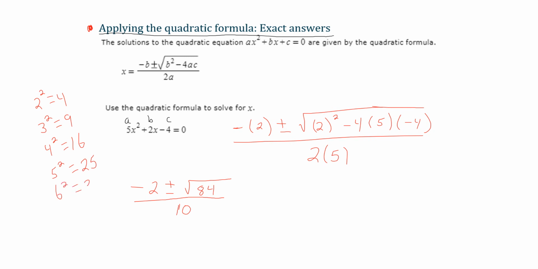Okay, so I believe we got 4. 16, 36, 42. Give me a second here, just doing a calculation. I'm still with you. 84 divided by 16.